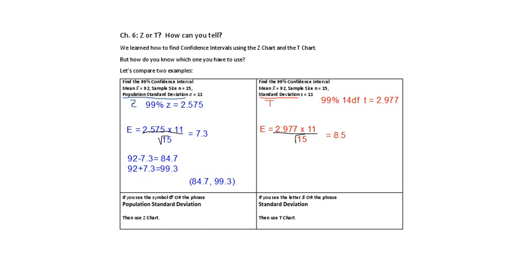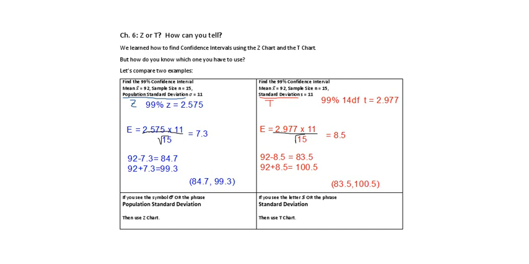Now we can do mean minus and mean plus. So 92 minus 8.5 is equal to 83.5. Then 92 plus 8.5 is equal to 100.5. So the confidence interval for that will be 83.5, comma, 100.5.